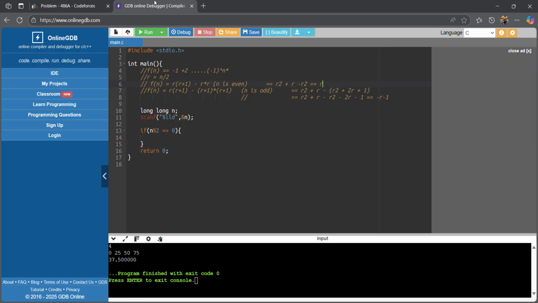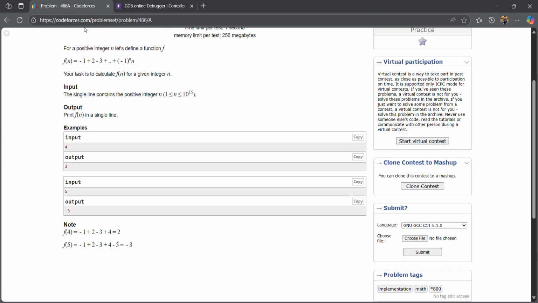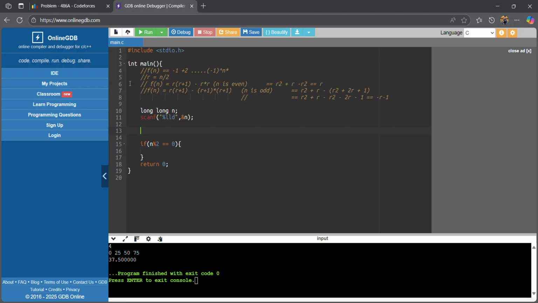We just have to confirm it. What is R? Firstly we will calculate R. What will R be? R will be n by 2. We just have to divide it by 2. So we will have long R equals n divided by 2. This will be an integer division.